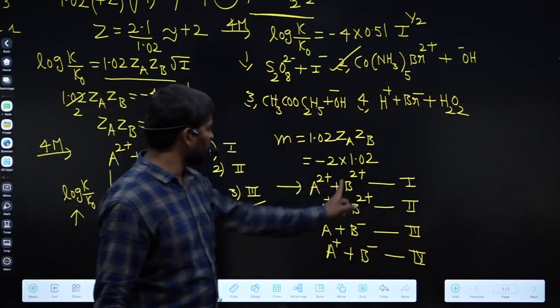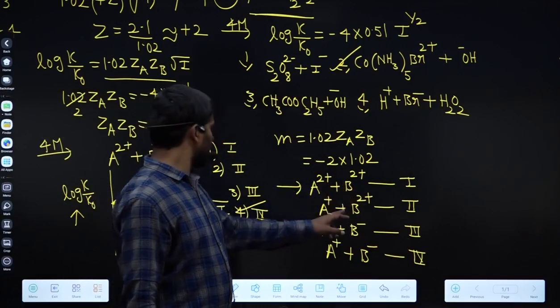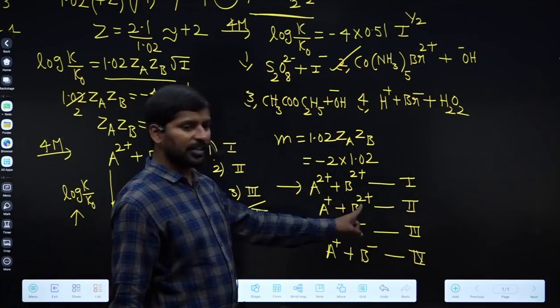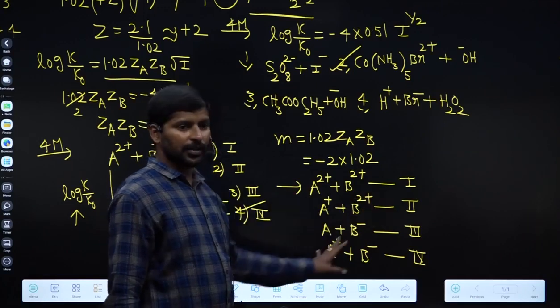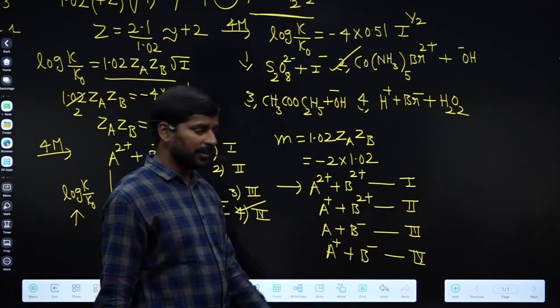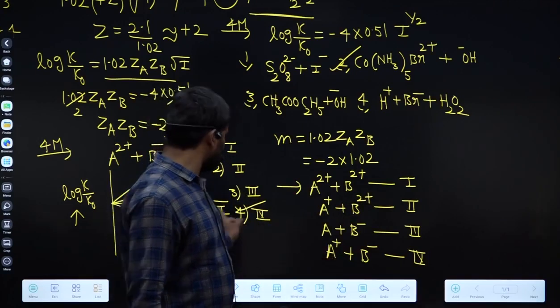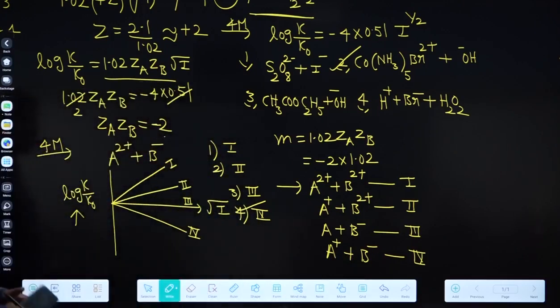Here we are getting a positive slope, and here also a positive slope, but here the magnitude of the slope is high. Next, here a positive slope in the second case also, but the magnitude of the slope is low. Here A is a neutral species, so the rate is independent of ionic strength, and we get a straight line on the x-axis. Here we get a negative slope, which is for oppositely charged species.